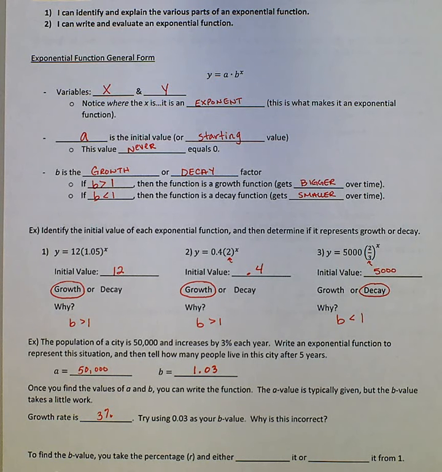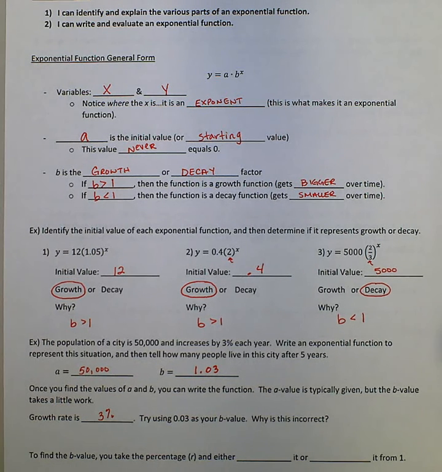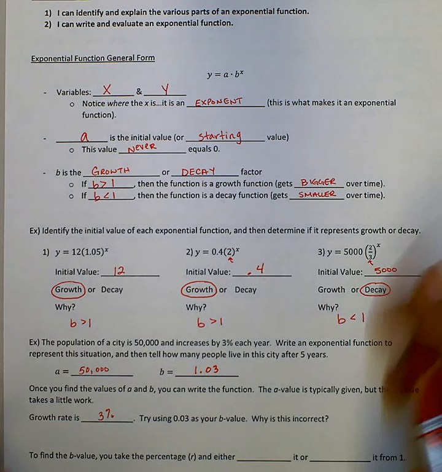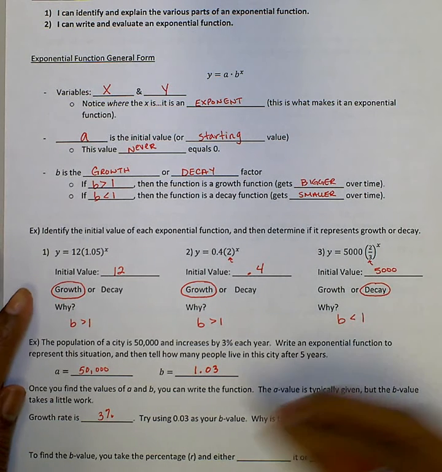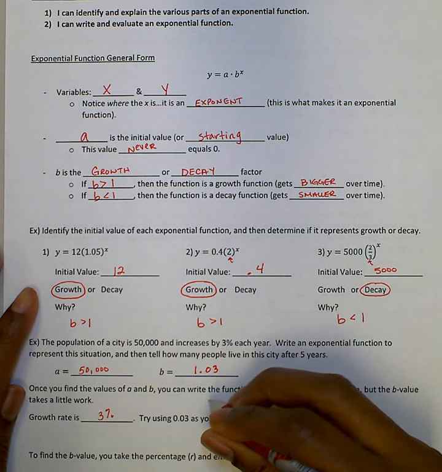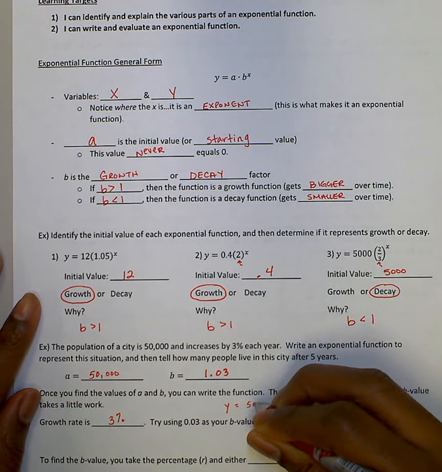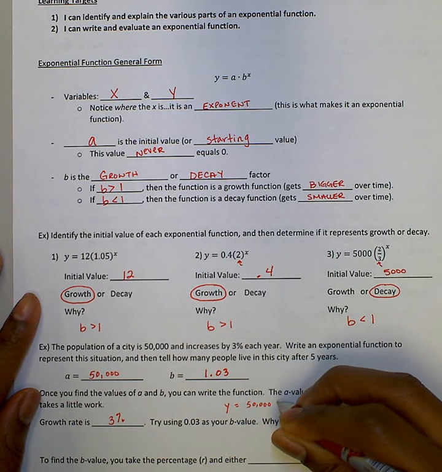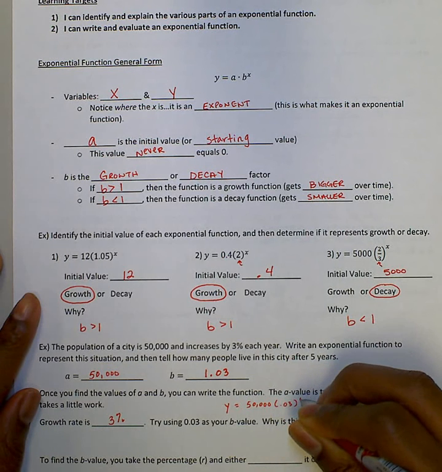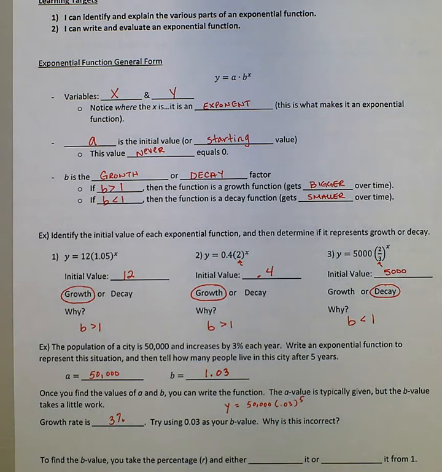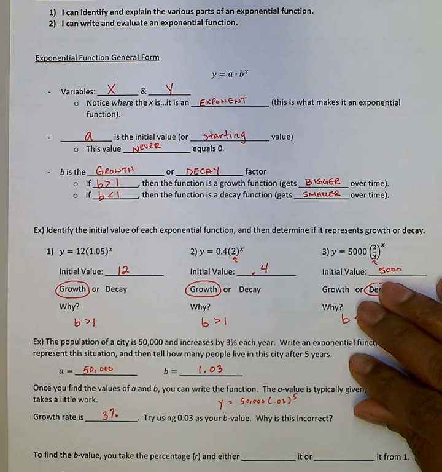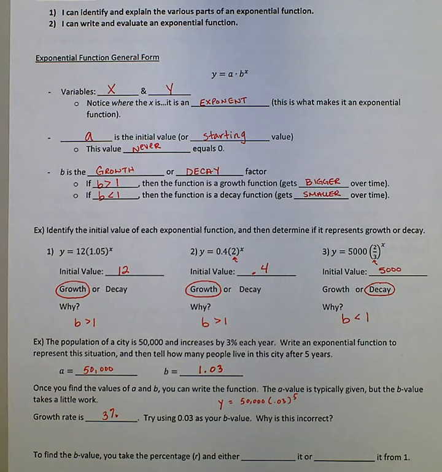Try to use that in your calculator. If you're putting this into your calculator, y is the population, 50,000 was our initial value, and then we'd say 0.03 to the fifth power. That's how our function should be written if we use 0.03 as the growth rate.